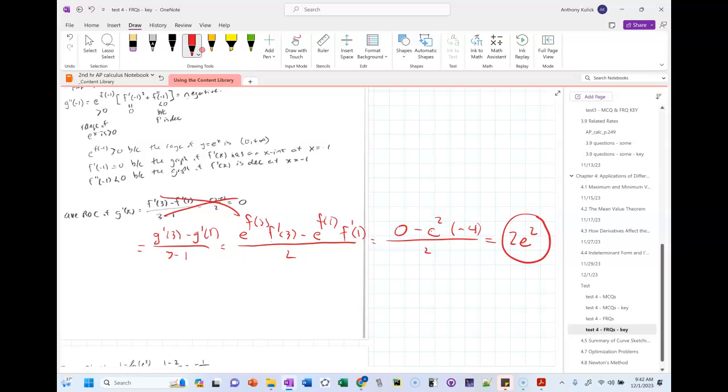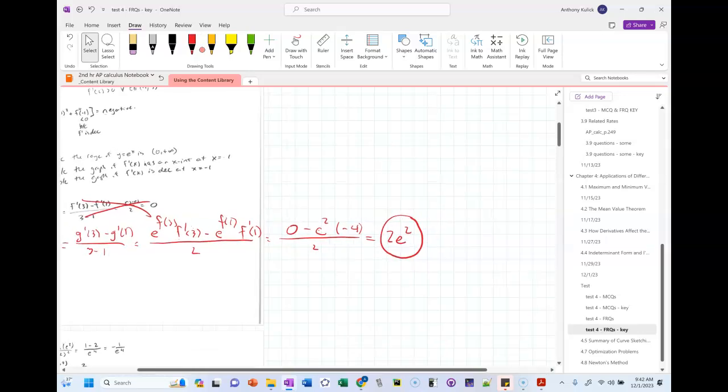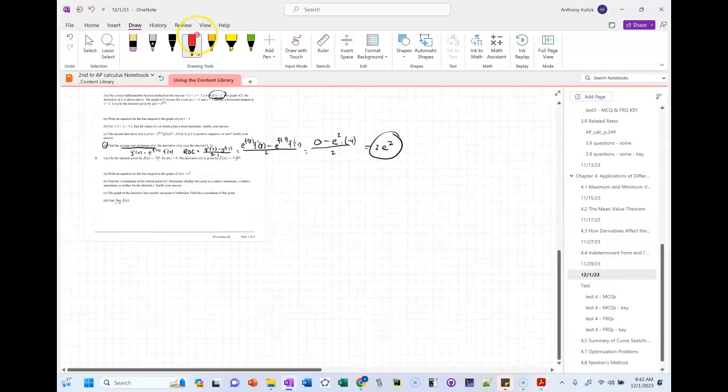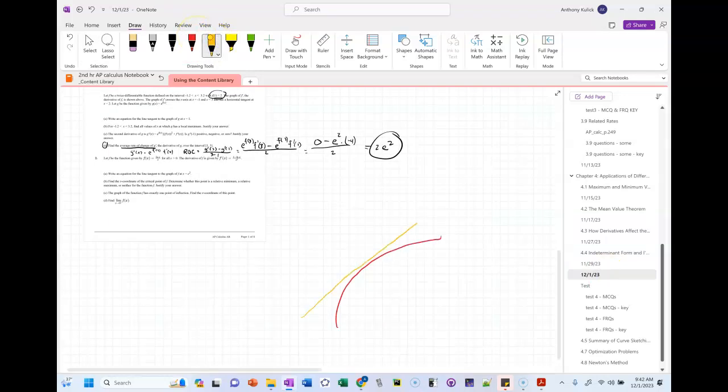Let's go back to number 6. Think about it this way: concave down, if I draw a tangent line, it's always going to be an overestimate. If the graph is concave up and we draw a tangent line, it's always going to be an underestimate. That's all I need.